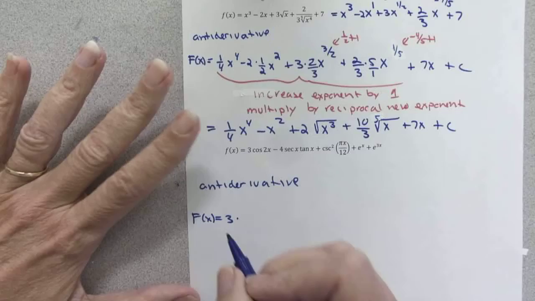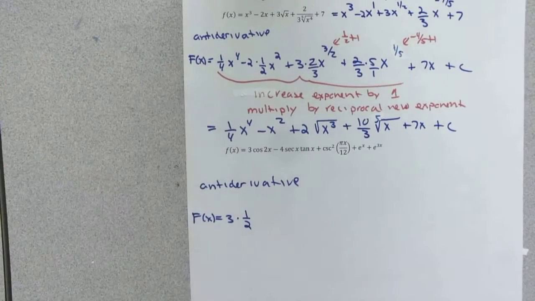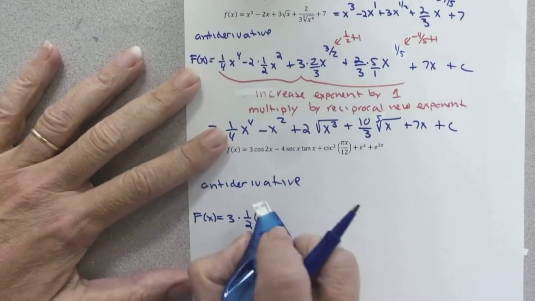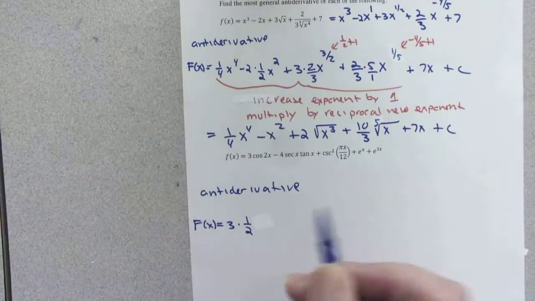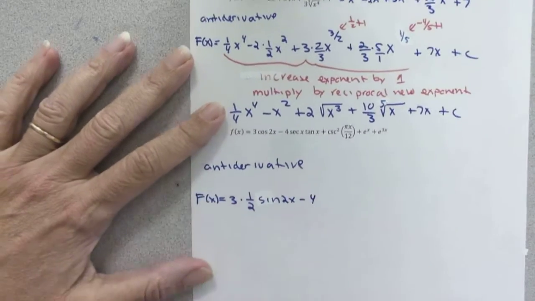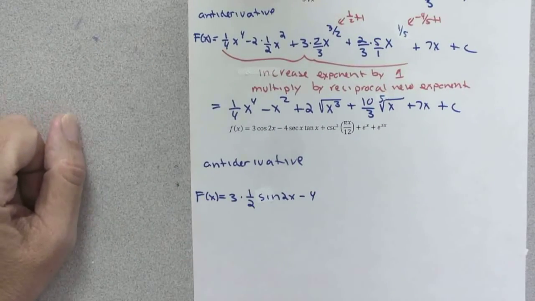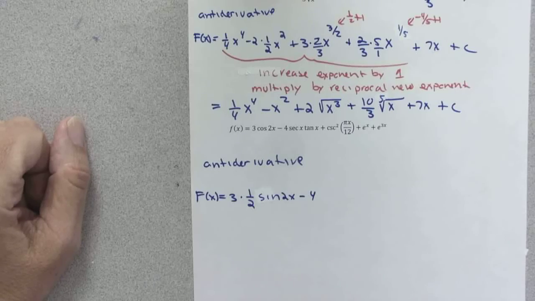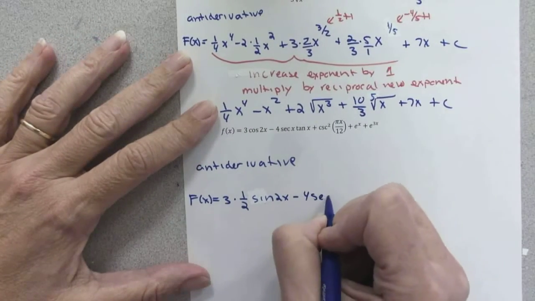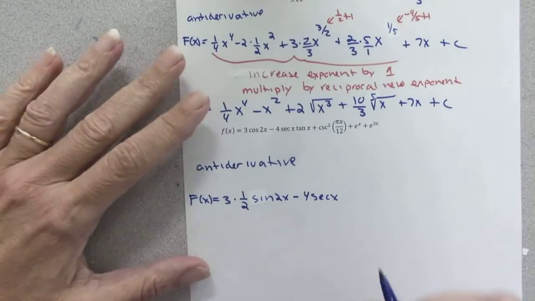This is anti-differentiation, so I'm going to divide. Then I ask myself, what has a derivative of cosine? And that is sine. Angles do not change. The 4 just hangs out. Then I ask myself, what has a derivative of secant tangent? And that'd be secant.